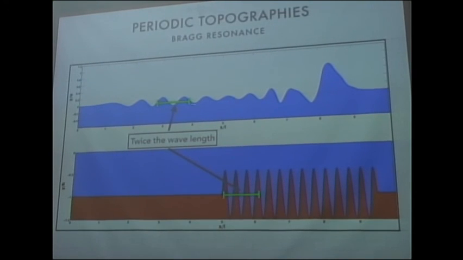And look at this wave here, this tail coming here. It looks almost like a harmonic tail, right? It looks like it has only one wavelength, and it's actually twice the wavelength of the obstacle. That was what the theory predicted, and this is known as Bragg resonance for waves with topography.